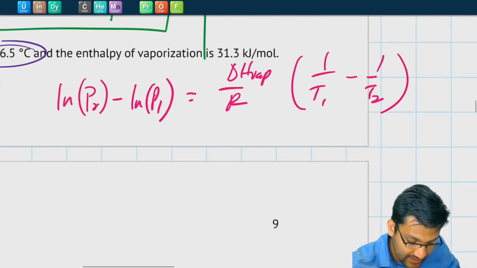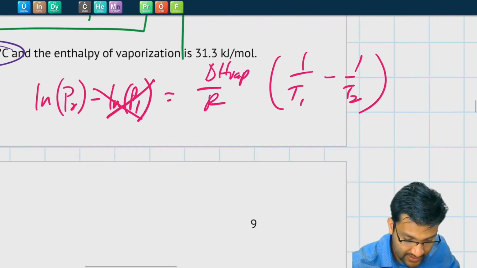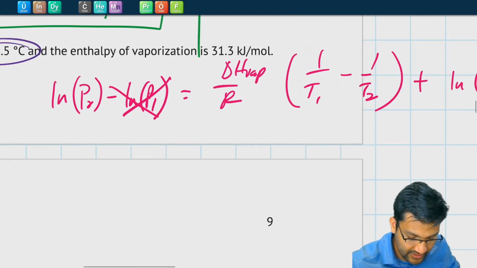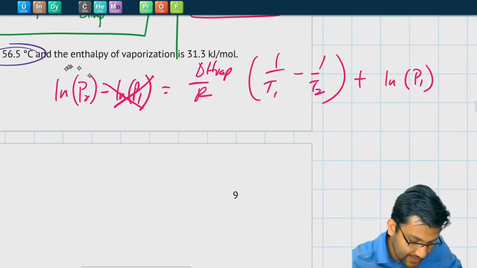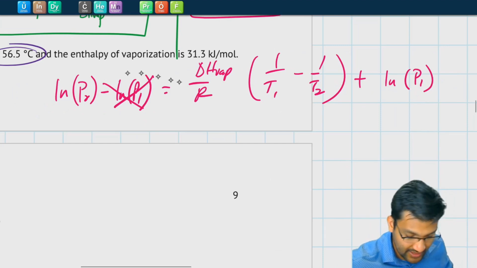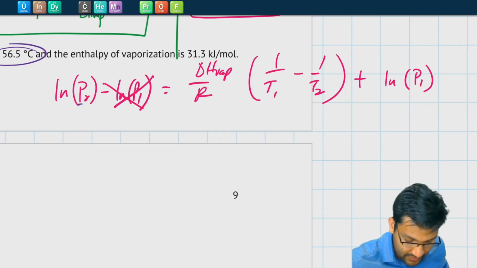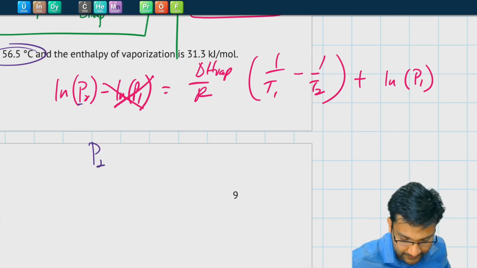So let's put everything that's not P2 on the other side. So we add this on the other side, and we have natural log of P2 on one side and everything else on the other. Now, to get rid of the natural log, you take the exponent, right? The exponent of a natural log is just the number. So e to the natural log of P2 just becomes P2.